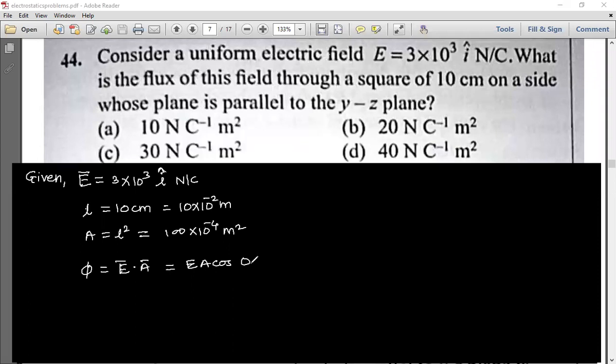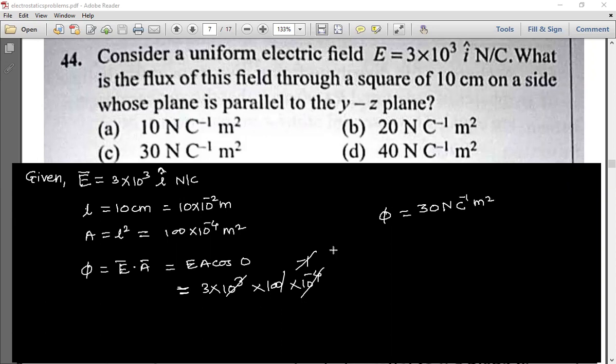Why? Because parallel. Cos 0 is 1. E is 3 into 10 to the power 3, into 100 into 10 to the power minus 4. This minus 4 will go with this, minus 1 is left, and this minus 1 with this 0. So flux phi is equal to 30 newton coulomb inverse meter square.